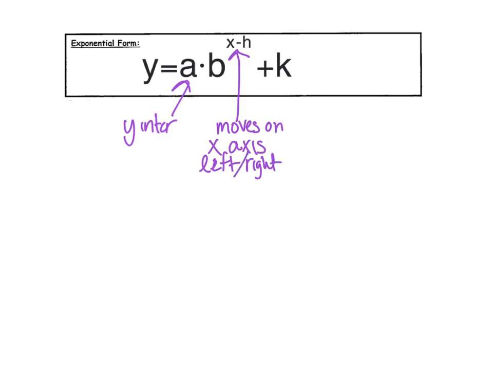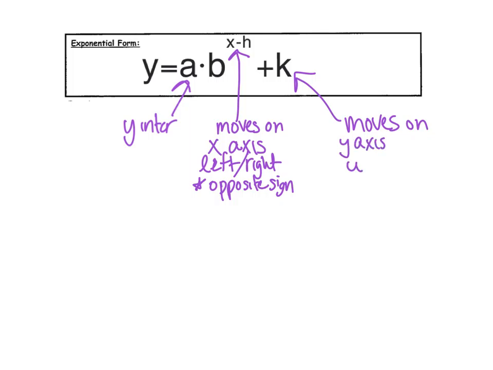And because it's like vertex form with our parabolas, that was in parentheses and it was the opposite sign, this is going to be the same thing. This k moves it up or down on the y-axis. So this hk is going to tell us how it moves.